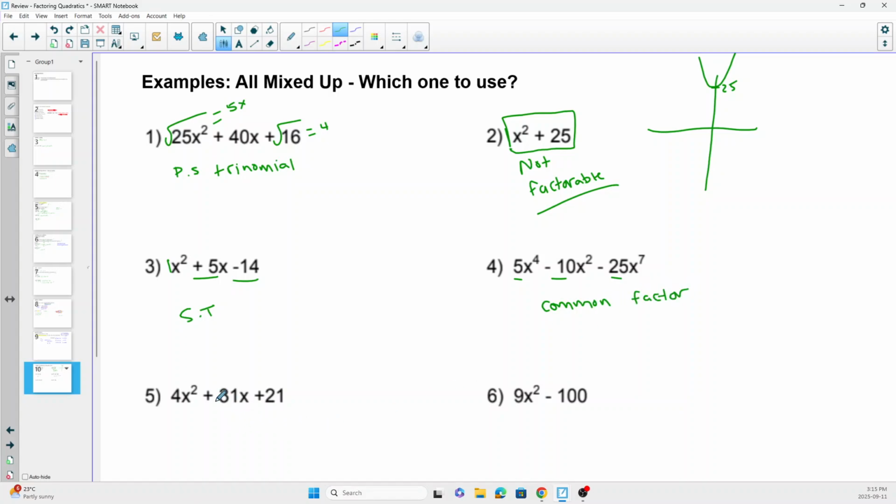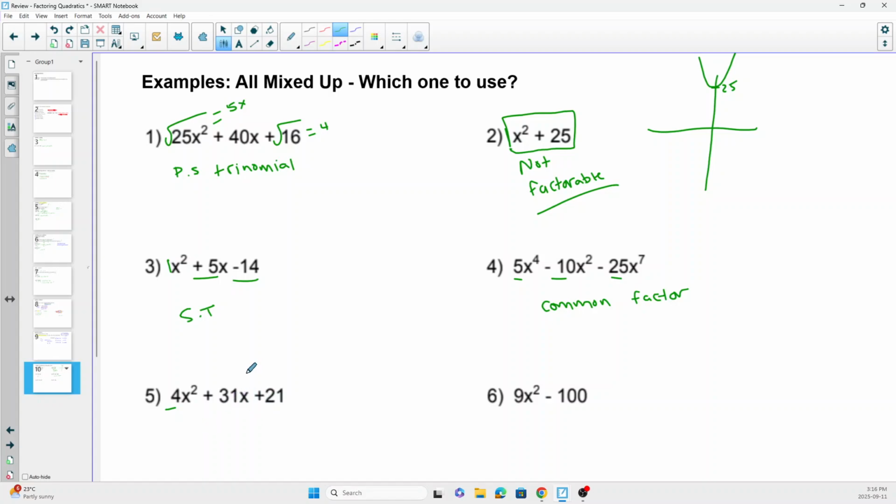This one over here is a complex trinomial. A is not equal to 1. We can't make A equal 1. We would proceed with some of our complex trinomial methods, either decomposition or that t-chart, or you may proceed to the quadratic formula.